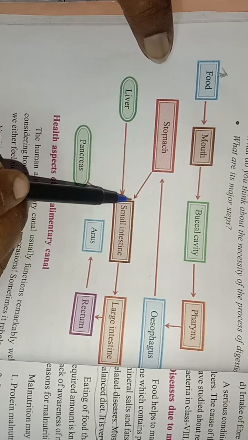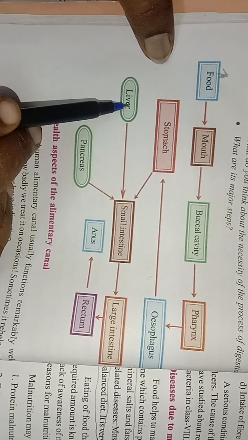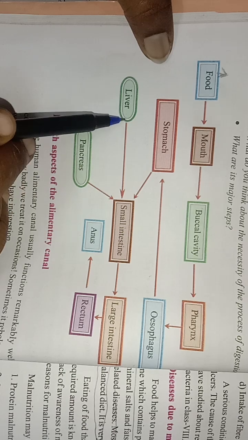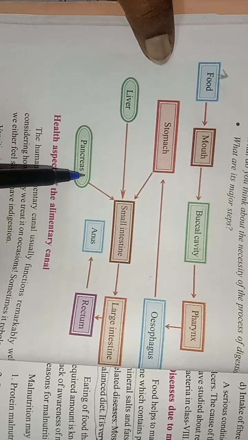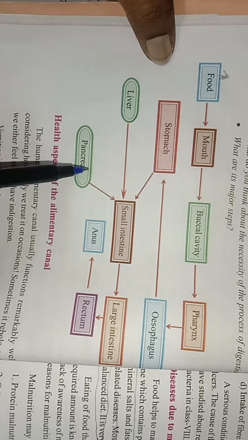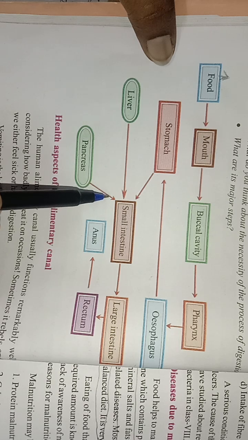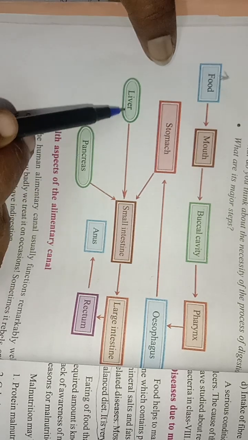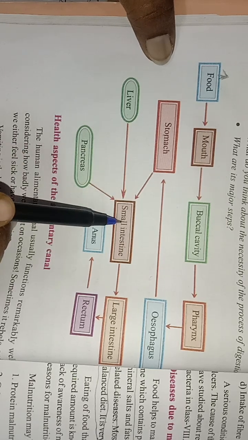Next, this travels to the small intestine. Before reaching the duodenum, liver is releasing bile juice, pancreas is releasing pancreatic juices, right? Before only we discussed what it is releasing, trypsin, all this. Whenever bile juice is mixed with the food, it turns alkaline.